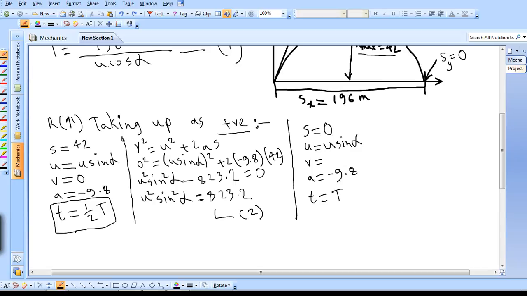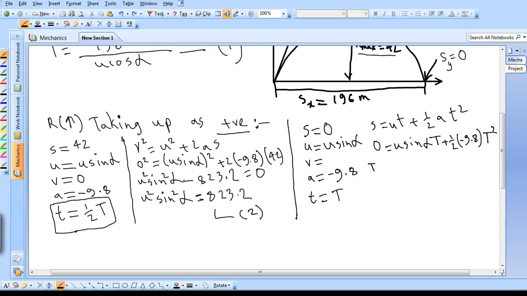Here t is the time of flight. So the suitable equation that I can see here is s equals ut plus half at square. So s here is 0, u is u sine alpha, t is t, plus half minus 9.8 t square.